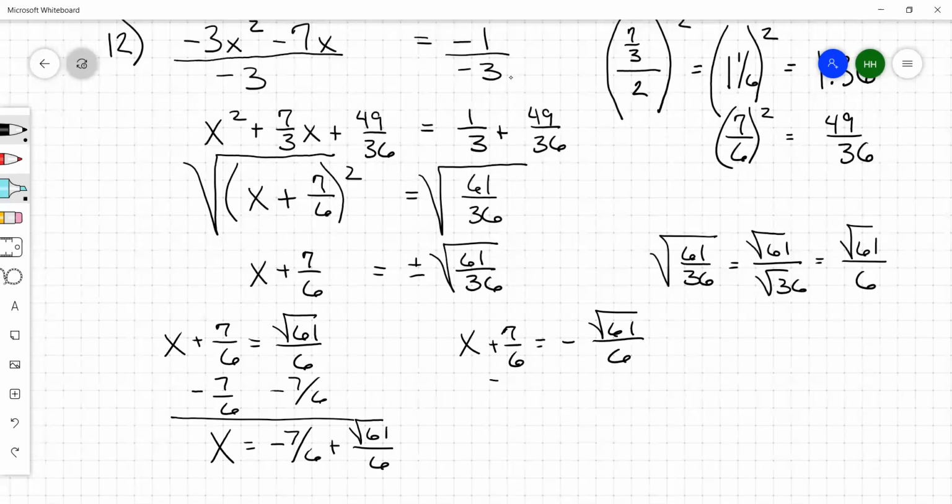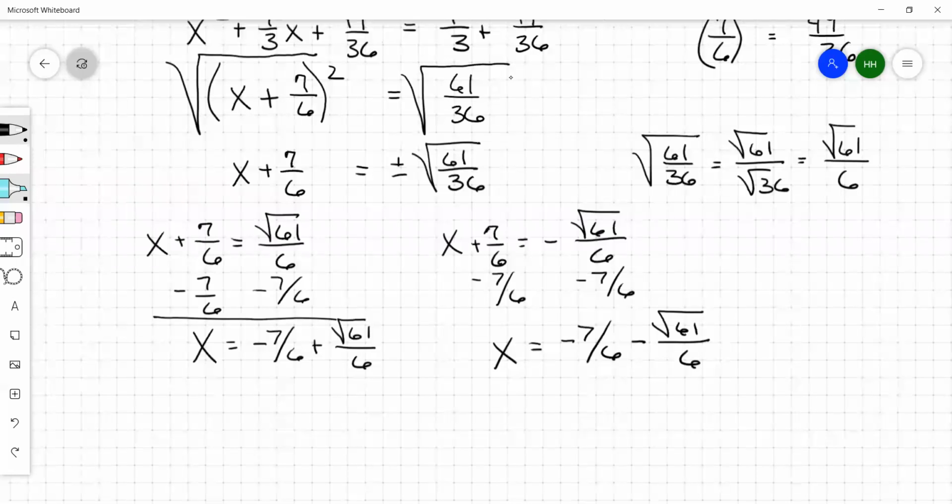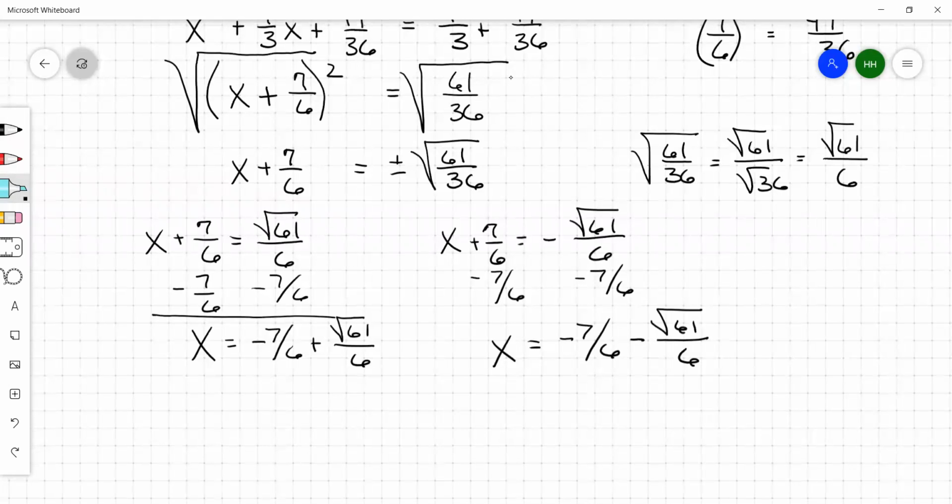And we got an x equal to negative 7/6 minus square root of 61 over 6. There's your two solutions.